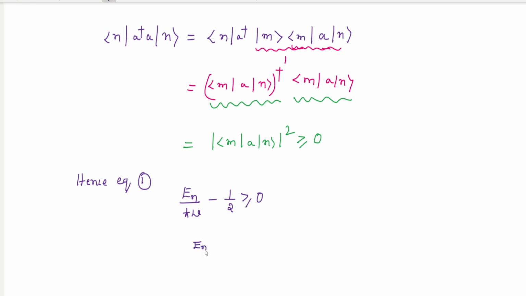From this equation, En is greater than or equal to 1 divided by 2 h cross omega. This is the ground state energy, right?